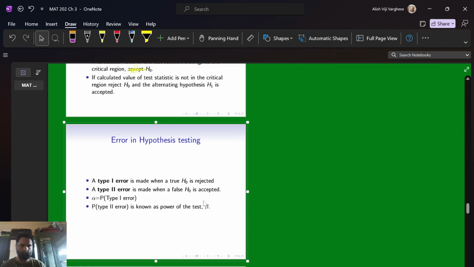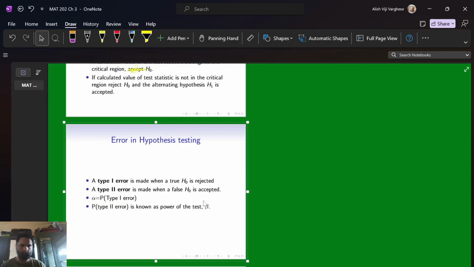Then, errors in testing the hypothesis. There are two kinds of error which may happen in testing of hypothesis. If a true hypothesis H naught is rejected, then an error is made, and that kind of error is known as type 1 error. The probability of type 1 error is denoted as alpha, the significance level.